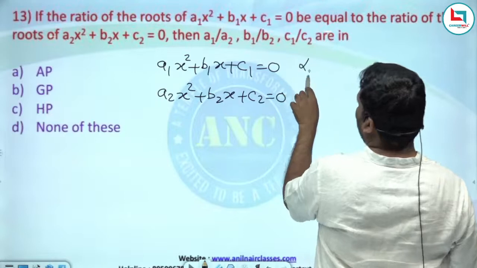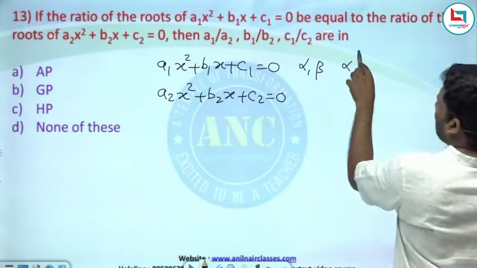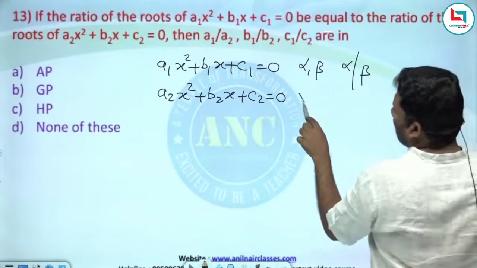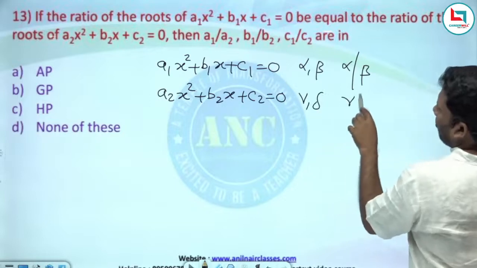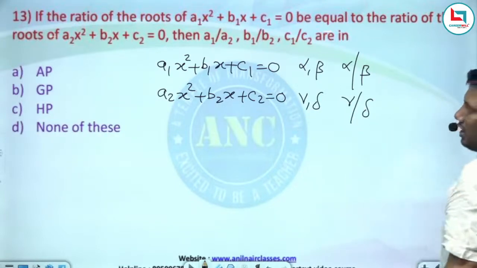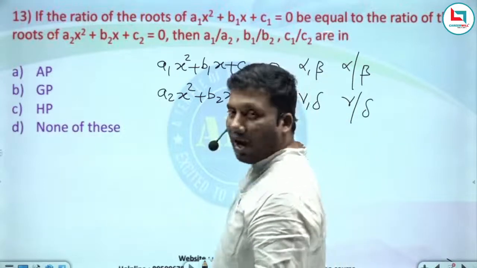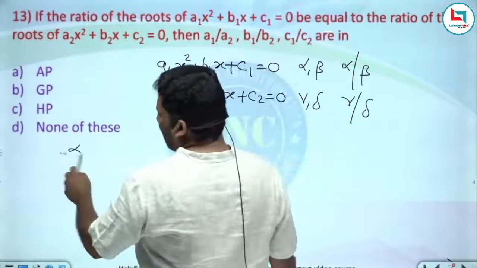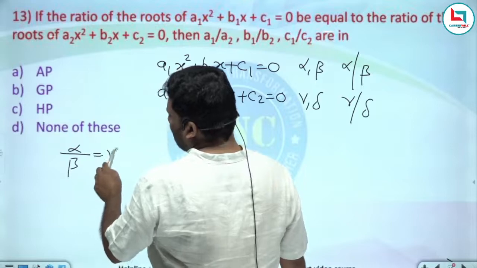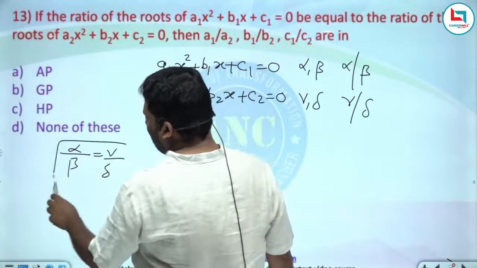That means if alpha, beta are the roots of the first and gamma, delta are the roots of the second, alpha by beta is equivalent to gamma by delta.